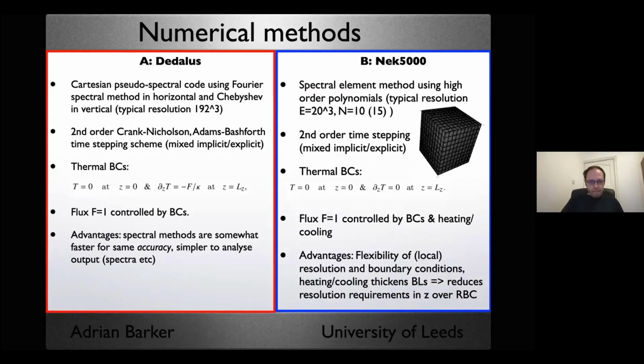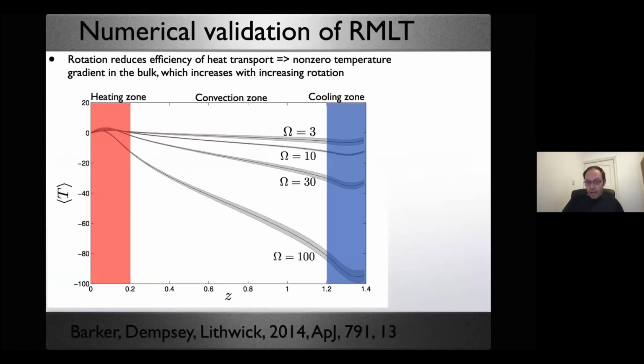Sure. So qualitatively, what happens in the convection, this is showing the case at the poles, as I've discussed so far, showing the average temperature profile averaged over the XY plane as a function of Z in the statistically steady turbulent state. And this is using a heating-cooling simulation. You can see here that as you increase the rotation rate, the temperature gradient in the bulk is increased.